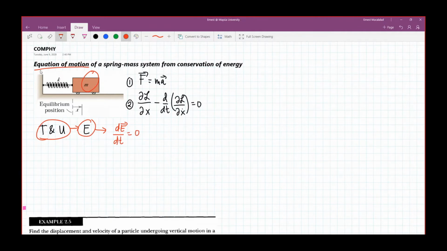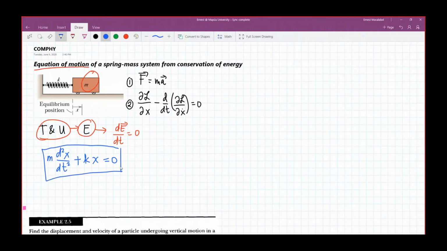Okay, so we already know from our discussions that the equation of motion for a spring mass system is the mass times the second derivative of position with respect to time plus the spring constant k times x, and this is equal to 0.